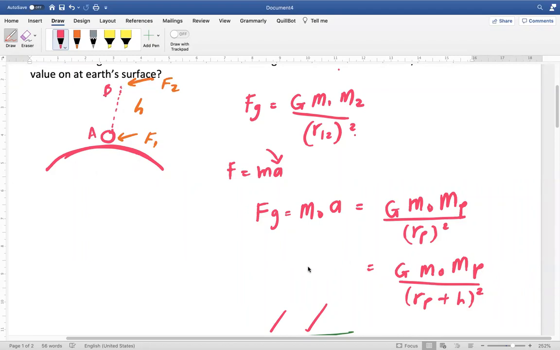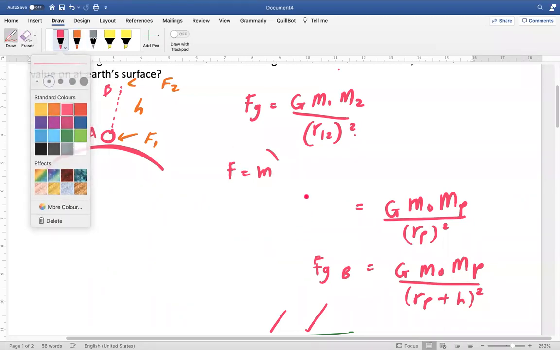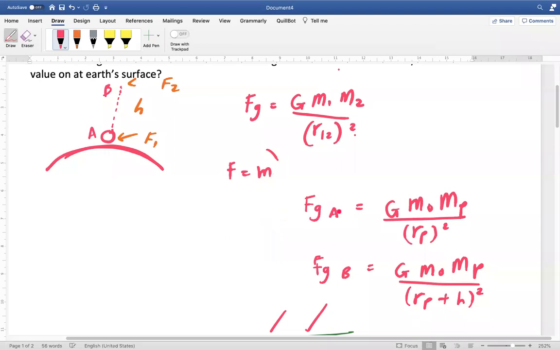So this guy is your Fg at position B, and this guy is your gravitational force at position A. So equation dia lain, which means that the value is also different. Saya recording ke? Saya recording. Okay. So the force of gravity at position A is just this equation. The force of gravity at position B, equation dia lain tambah H squared.